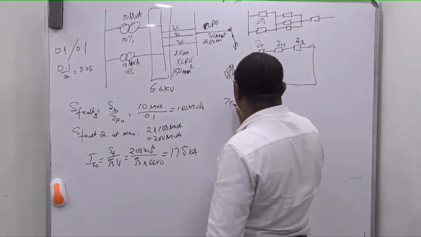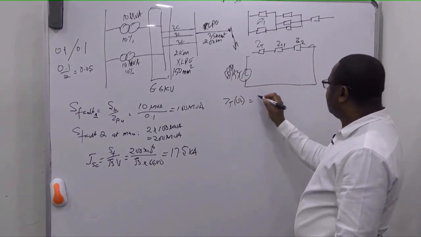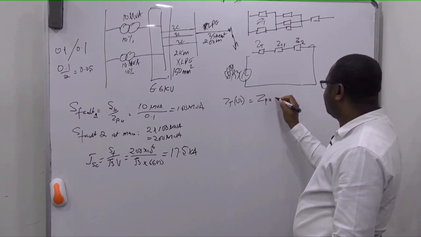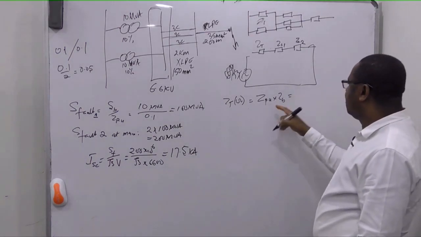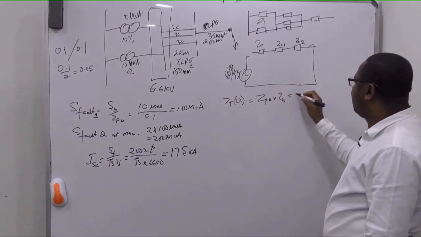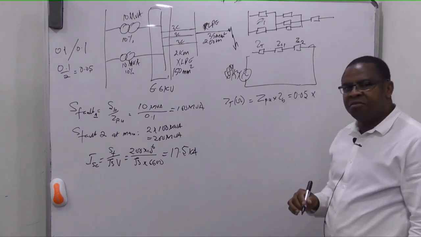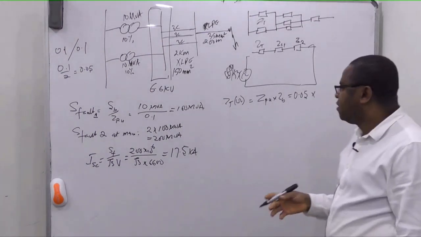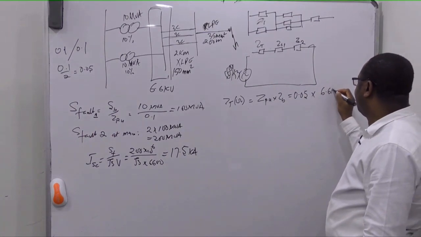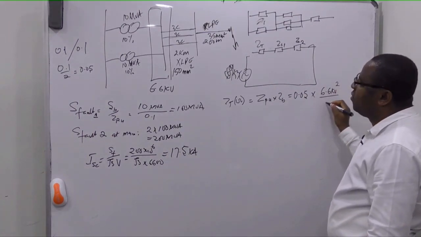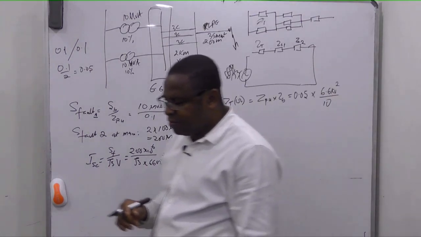Z of the transformer in ohms is Z per unit times Z base. So that total transformer of 0.05 times Z base, which is V squared over S. The voltage is 6.6 kV squared over the base of 10 MVA.